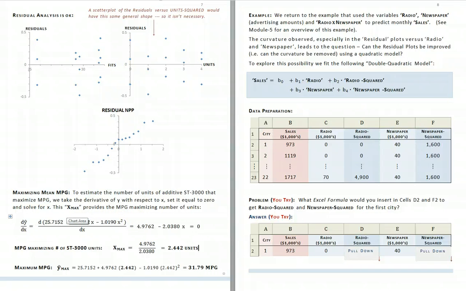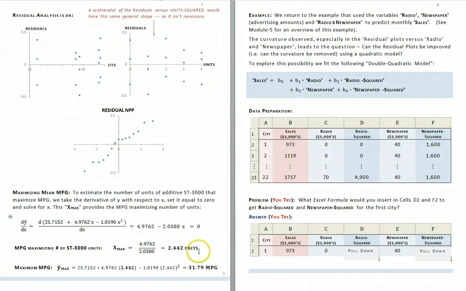This derivative gives the slope of the tangent line to the graph of miles per gallon. The value of x, where the tangent is flat, indicates the number of units of additive that maximize the miles per gallon.